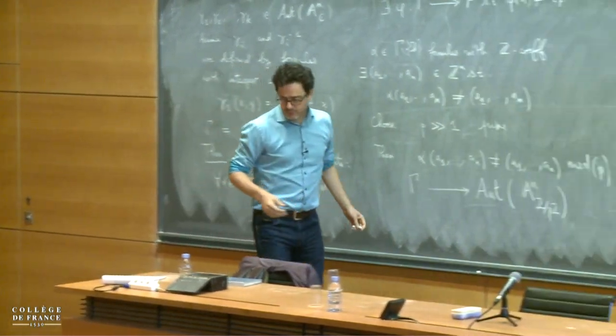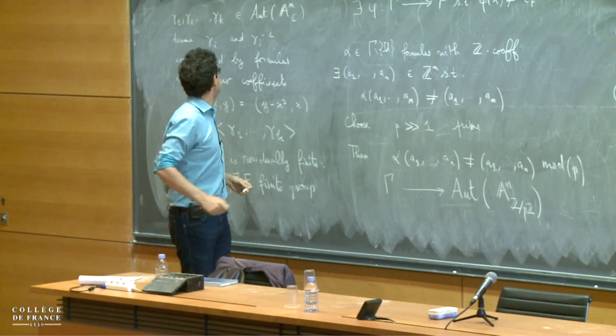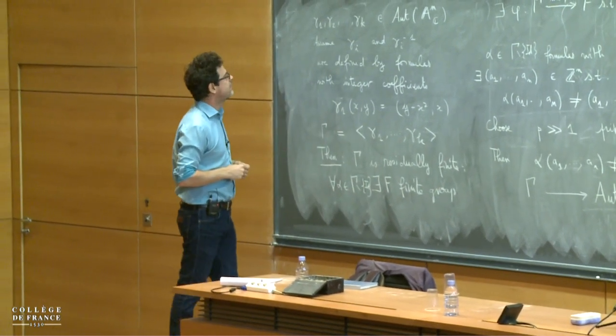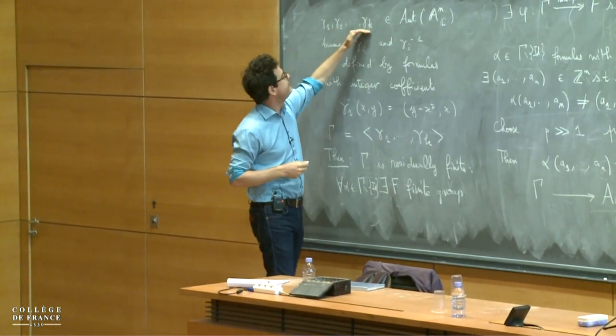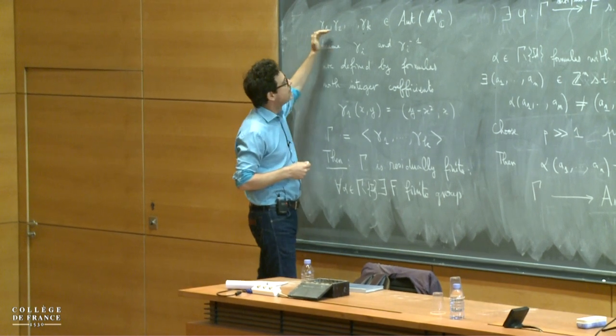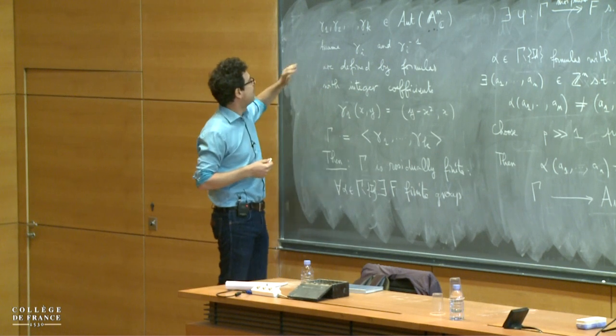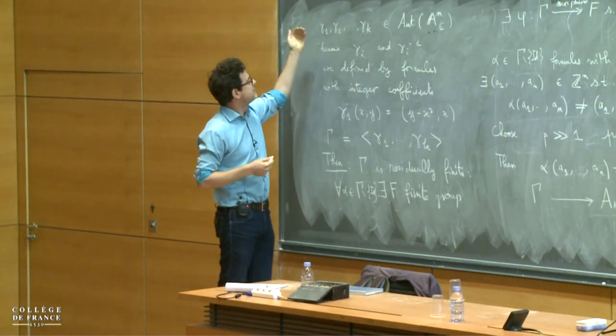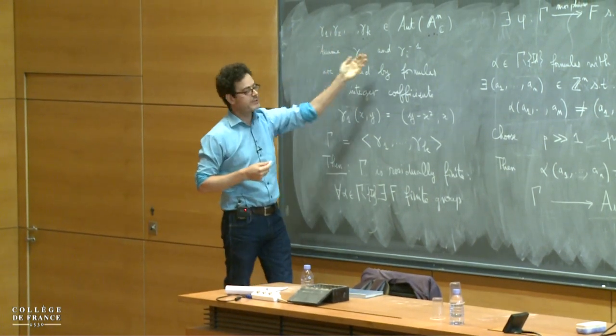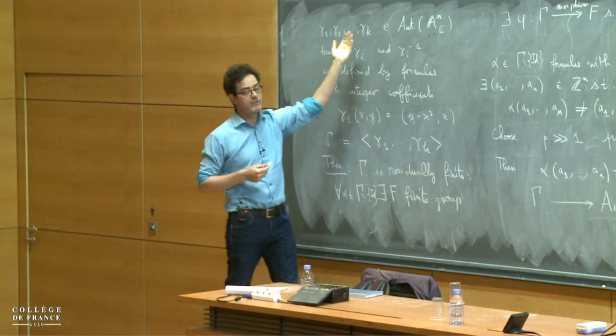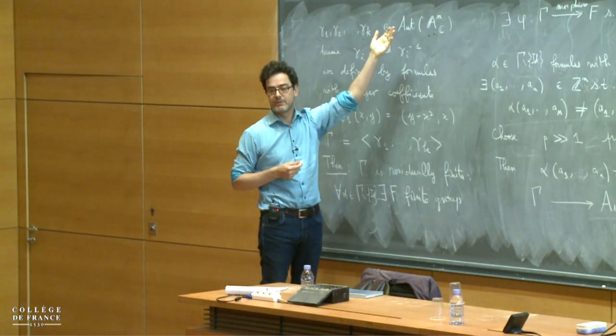So now, of course, you can improve this statement because if you start with finitely many polynomial automorphisms of the affine space, then you write the formulas for these automorphisms and for the inverses, and you see only finitely many coefficients. Okay.